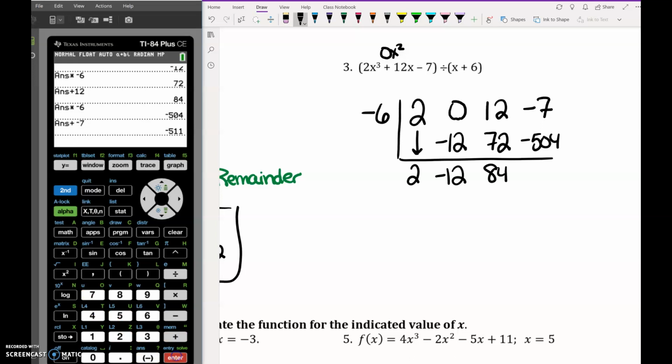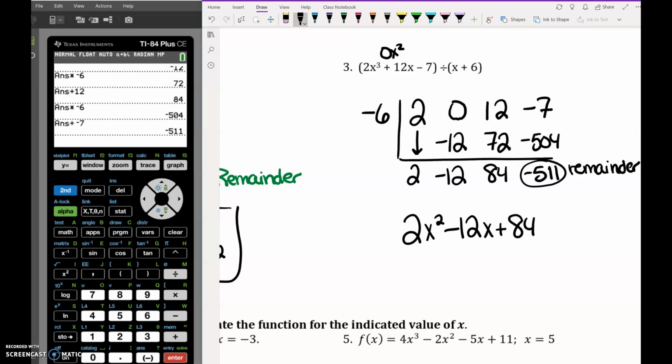Add that with -7, get -511. So your remainder is -511. So our answer would be 2x squared minus 12x plus 84 minus 511 over x plus 6.